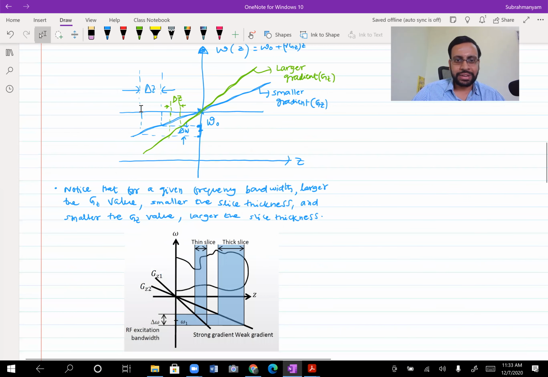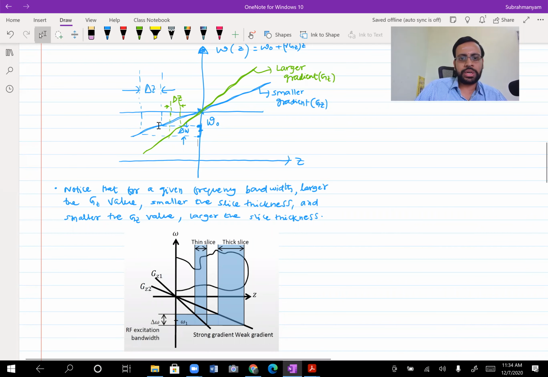Maybe this is one way I have drawn it. All I did is take omega here, with plus or minus delta W by 2. You just draw lines here and see the corresponding values of Z within this tolerance of plus or minus delta omega by 2 for this omega value.